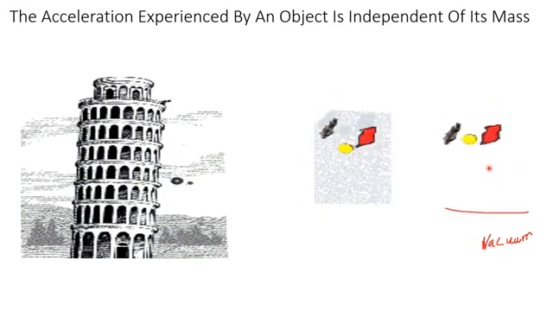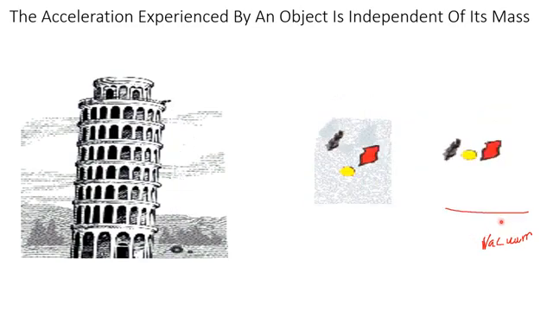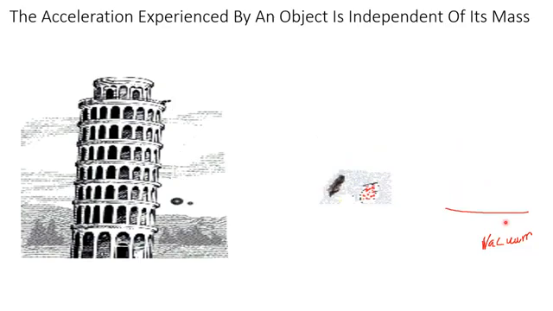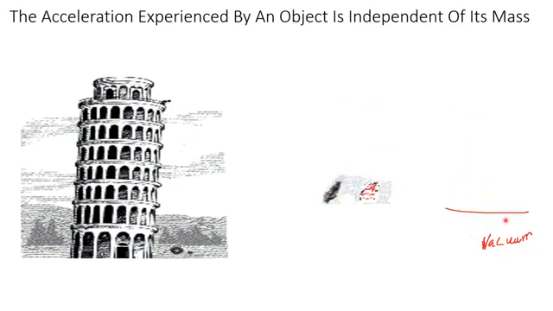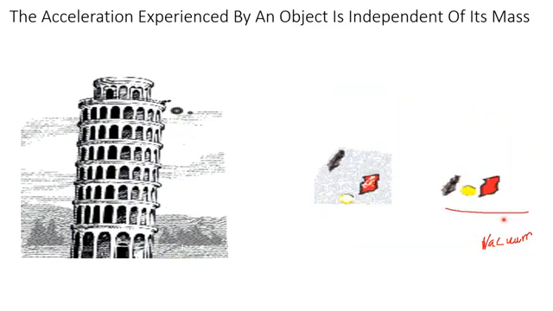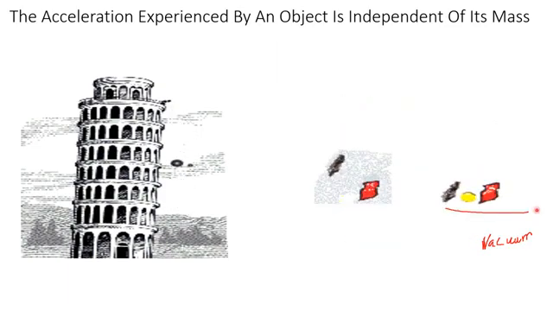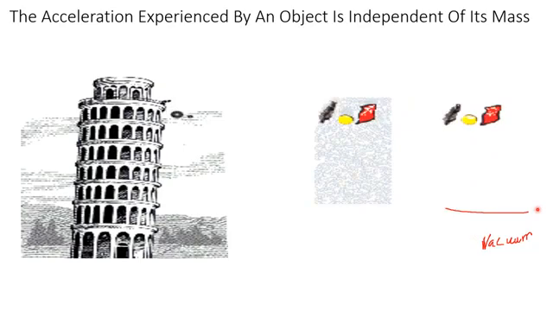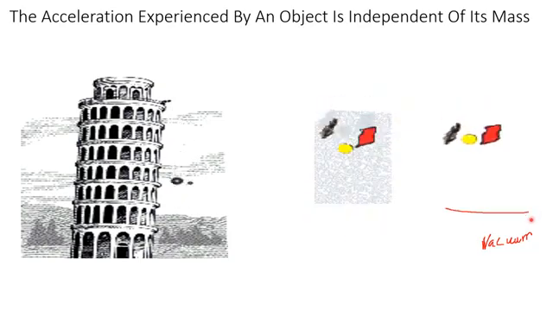We remove the air and it is a complete vacuum, and we can see that in a complete vacuum, when the body is experiencing only the gravitational force of the earth, then all the three objects, irrespective of their mass, fall on the ground at the same time.